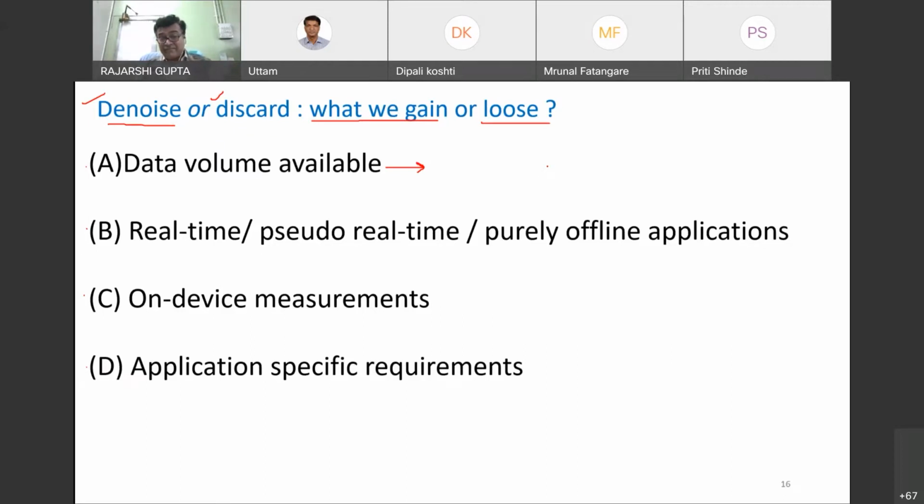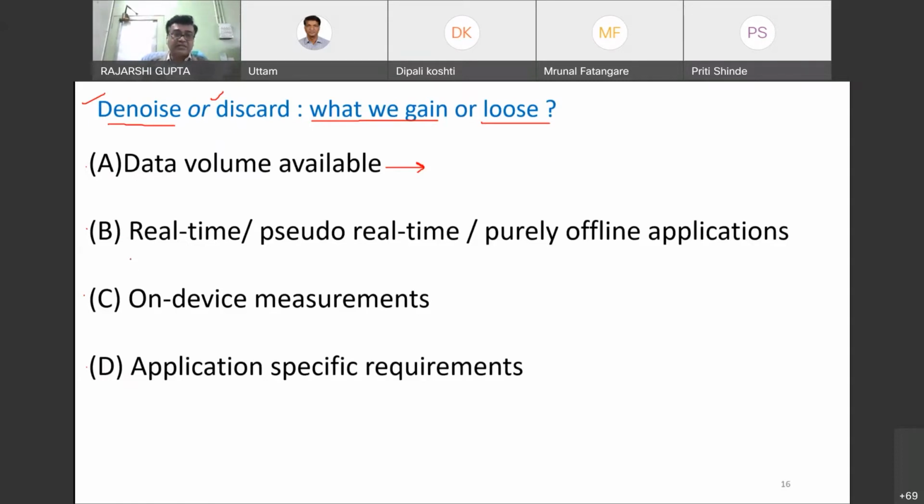And if I have only 5 minutes of signal, and out of that 2 minutes is of bad quality, I cannot afford to discard that data. So the first aspect to consider, whether to denoise or discard, is how much data volume I have.